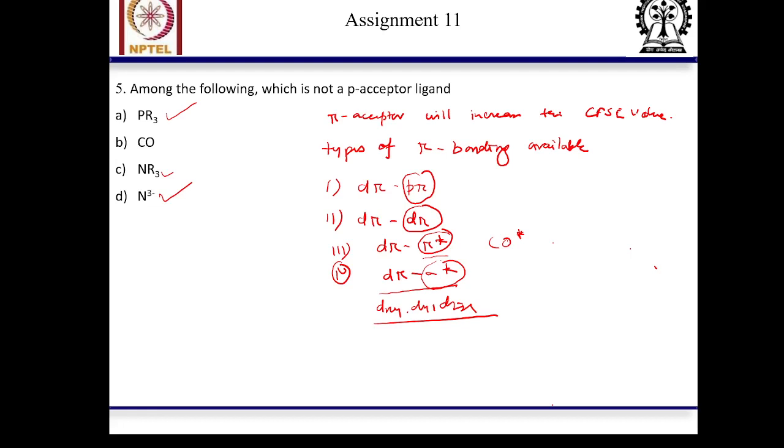So what are the different kinds of pi accepting ligand?